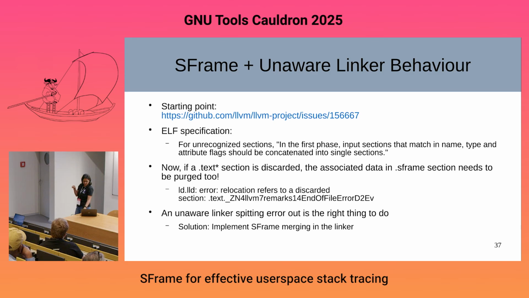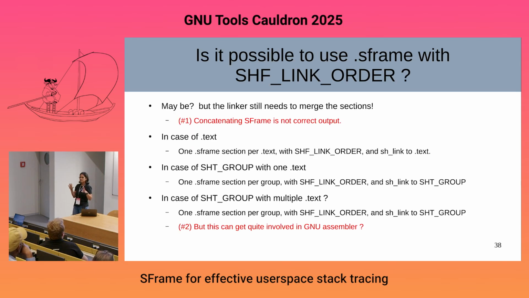Now to do that, the ELF provision is to use SHF link order, right? So the question becomes, can SFrame use SHF link order? Recall that SFrame is one monolithic section. The question then becomes, can you link SFrame sections with the corresponding text? Sure, you can do that.